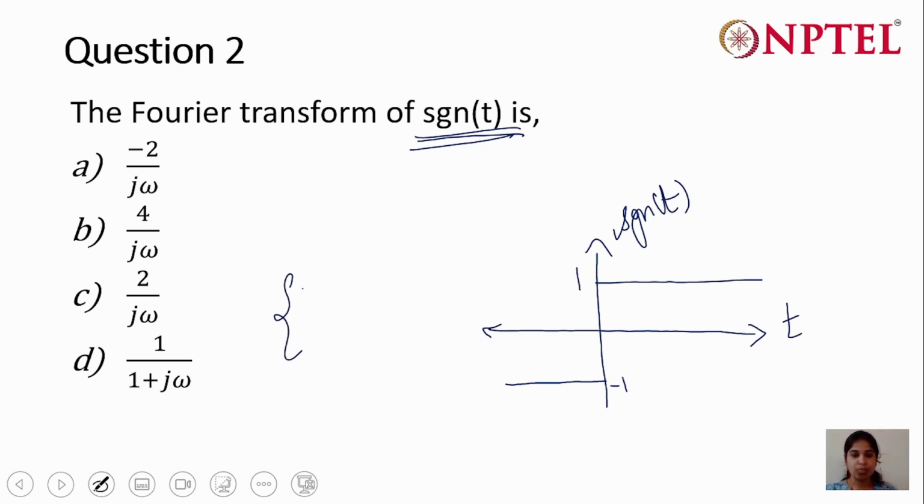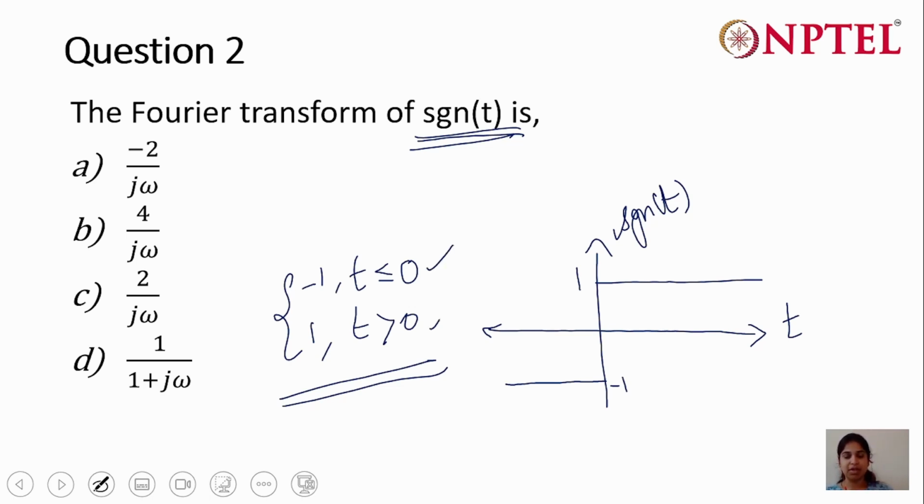So it is -1 for t less than or equal to 0, 1 for t greater than 0. This is your signal. Now you have to find the Fourier transform of this signal. So you can write the formula for Fourier transform, split the integrals based on the limits, and then try to get to the answer.